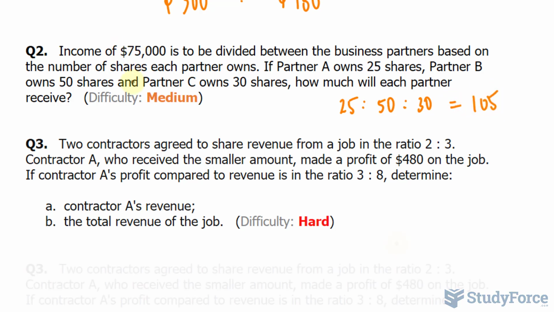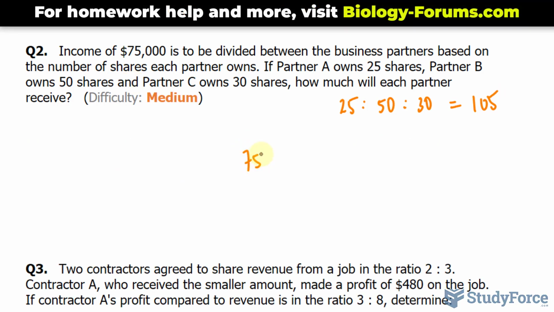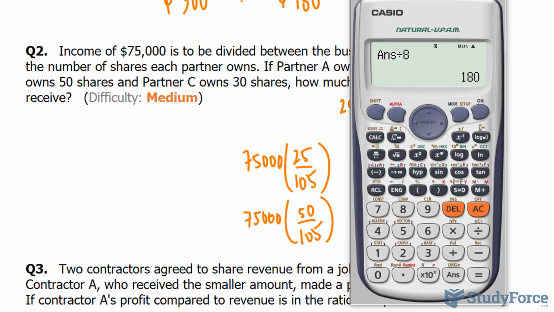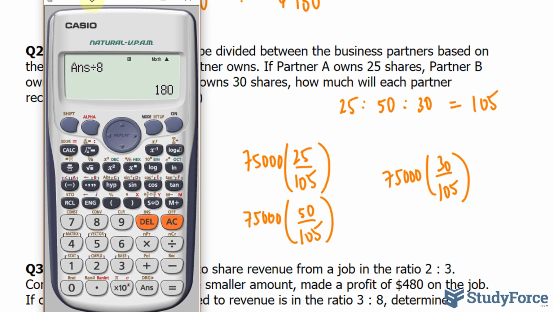So you'll take 75,000 like this, and you'll multiply it by 25 over 105. Similarly, 75,000 times 50 over 105, and 75,000 times 30 over 105. Let's use our calculator, and I'll show you another way to calculate this.